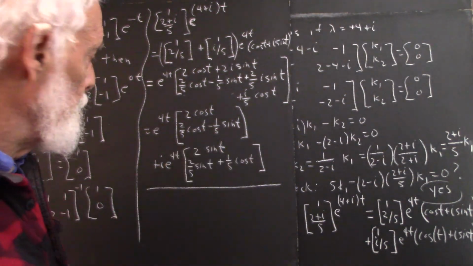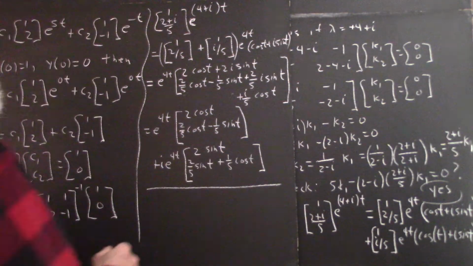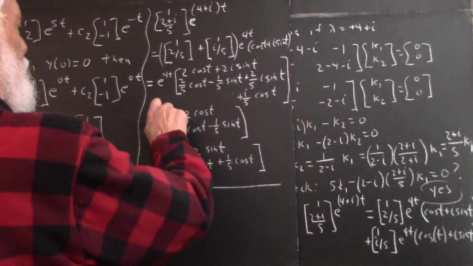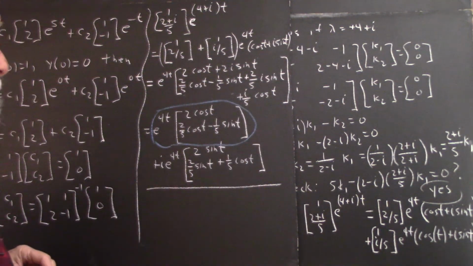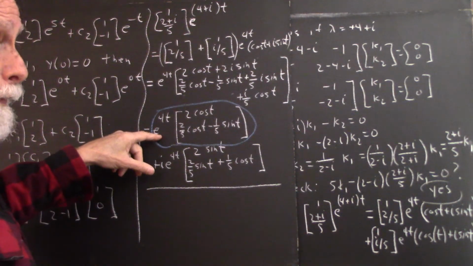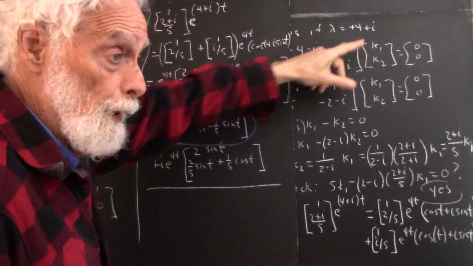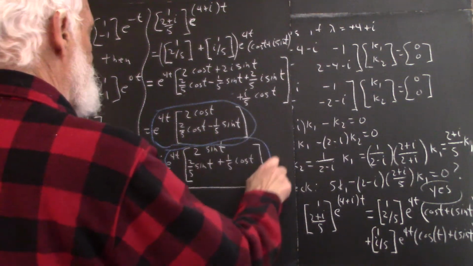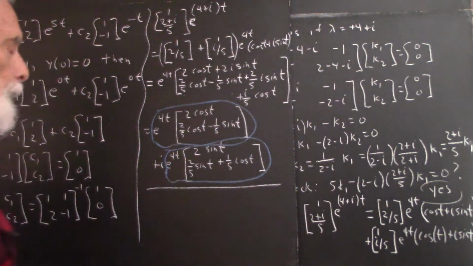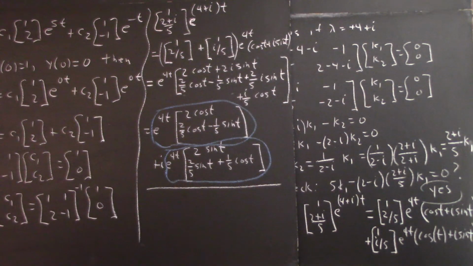When you have the complex solutions, this is a solution. This is the real part of your solution that we got just from one of the eigenvalues. And this, everything but the i, is also a solution.